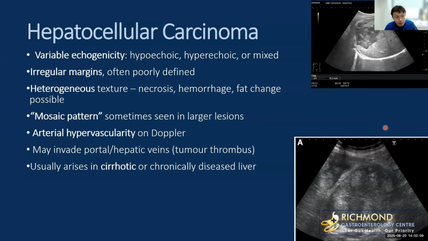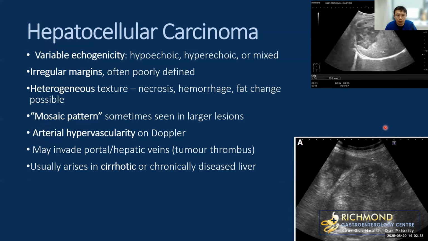HCC, not so common, but it is, of course, in your patients who has liver cirrhosis or chronic liver disease, you'll need to be more cognizant. And any patients with liver cirrhosis, you'll need to do 6-monthly ultrasound to monitor. Hepatocellular carcinoma, HCC, is also a great mimic. It can be hypoechoic, hyperechoic, but it does not grow in patients with no cirrhosis.